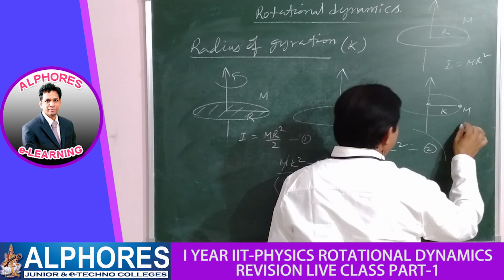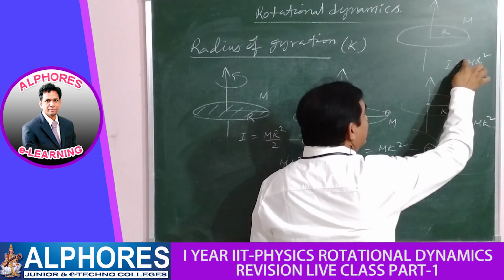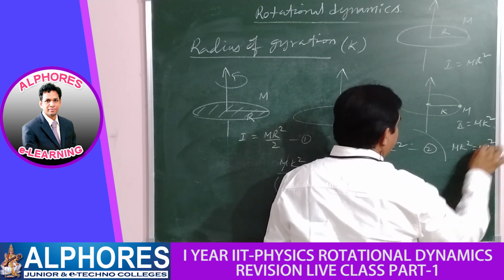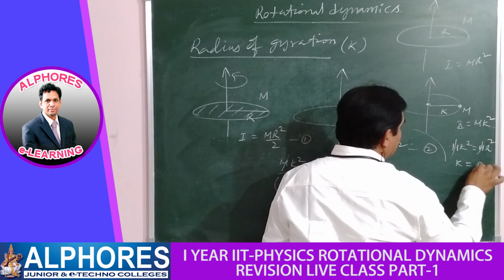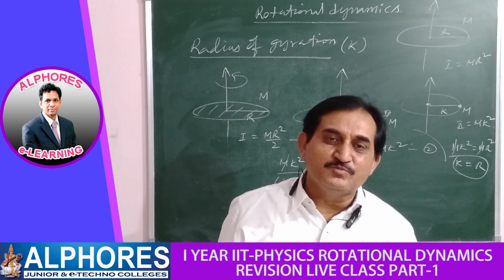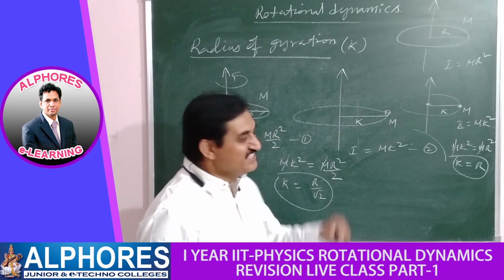Therefore, we should equate them. Here I is equal to Mk square. Equating them, Mk square is equal to MR square. You will get k is equal to R. At what distance is this point mass to be rotated? At exactly R distance.